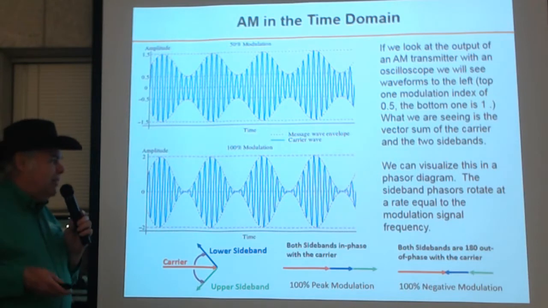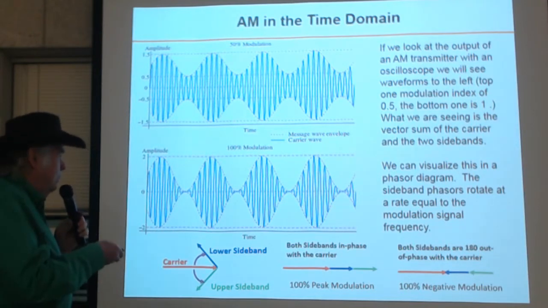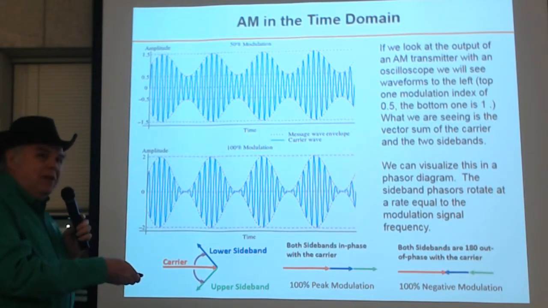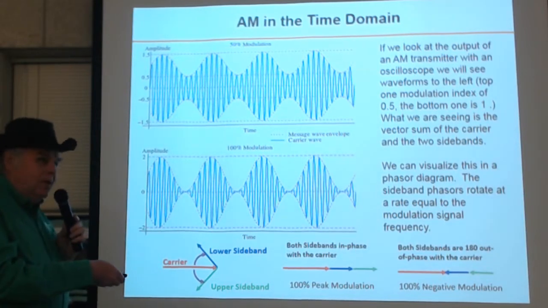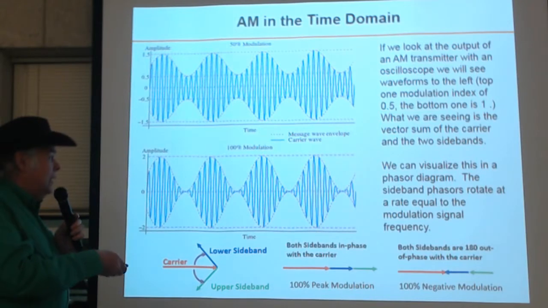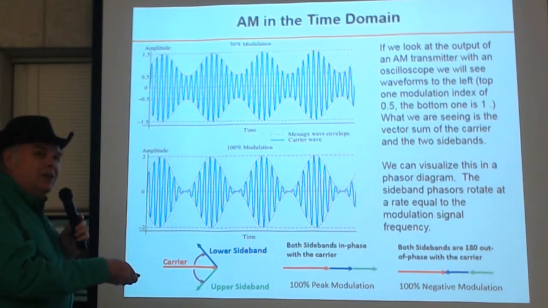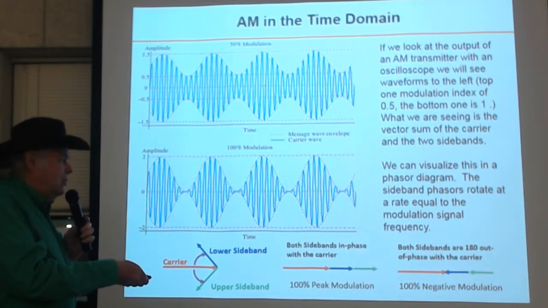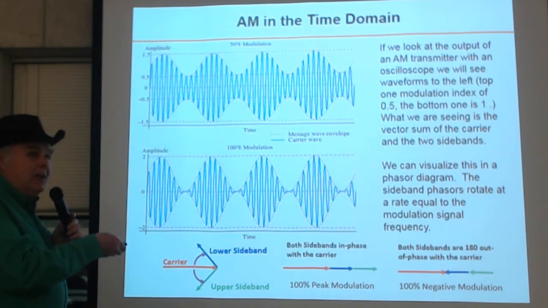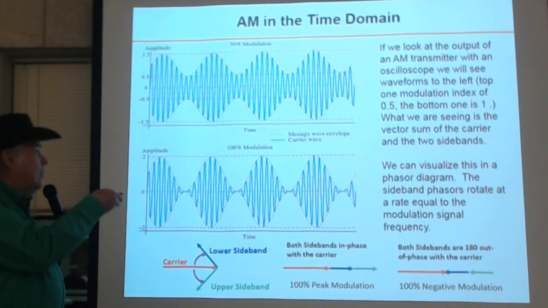When I get to 100% negative modulation, which is the part right here, the two sidebands are 180 degrees out of phase with the carrier signal, so they sum to 0. That's why you see the 0 here in your waveform. But the reality is that the carrier is not changing. It's constant. It's these two sidebands that are moving, and they generate, by adding and subtracting to the carrier, what you see in the amplitude modulation of the carrier.